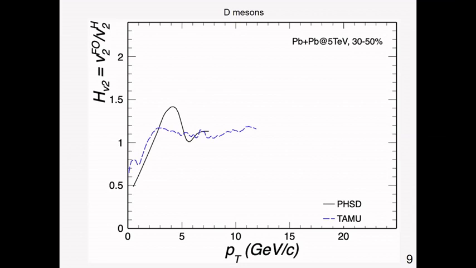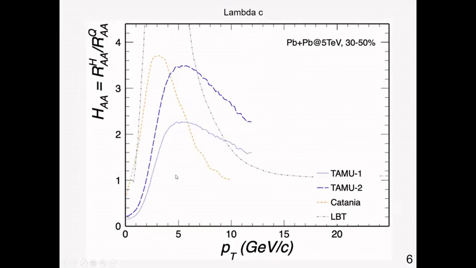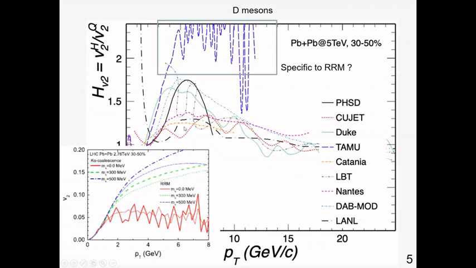Yeah, it's also interesting that I thought somehow the coalescence would increase the V2 significantly. At least for the TAMU model, it seems not to have that kind of effect. No, this is not coalescence. This is just the effect of the hadronic evolution after. That was seen, this was the coalescence.